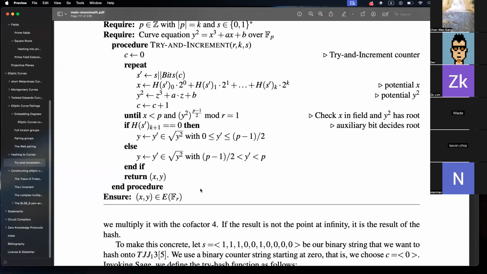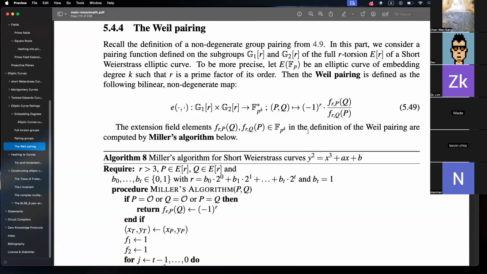How to know if a curve is pairing friendly? That is a very good question.